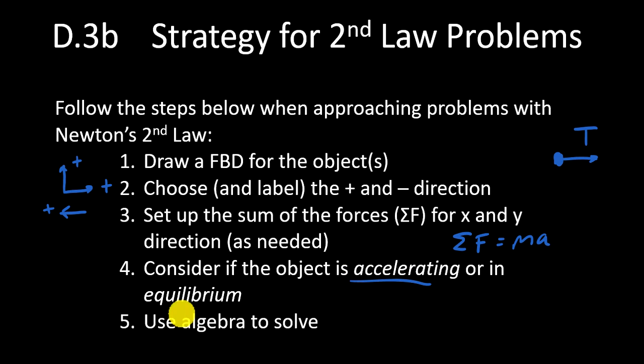If something is either staying at rest or staying in constant velocity, the term is equilibrium. And that can be helpful because if something is not accelerating, well, this would become 0. And for objects in equilibrium, the sum of the forces is equal to 0 because anything times 0 would be 0. It just helps us be aware of what our second law should ultimately be equal to.